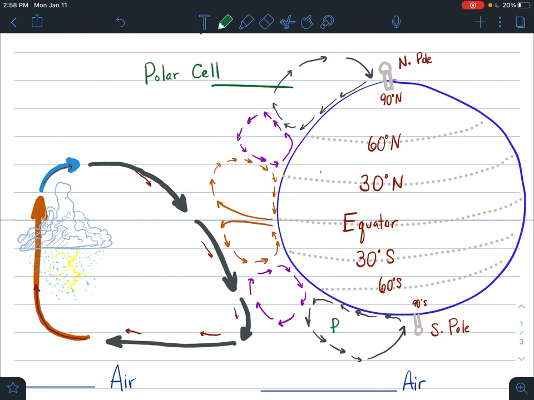And this one down here is also a polar cell. The one below the polar cell is called a Ferrel cell, and the one down here in purple is also a Ferrel cell. And then the cell right at the equator is known as a Hadley cell, and so this one is also a Hadley cell.